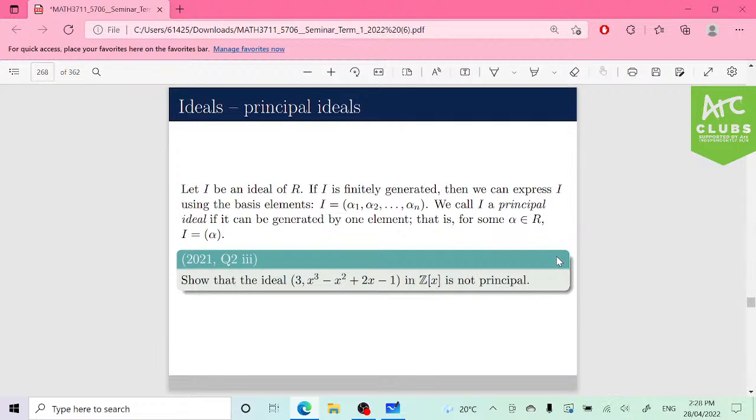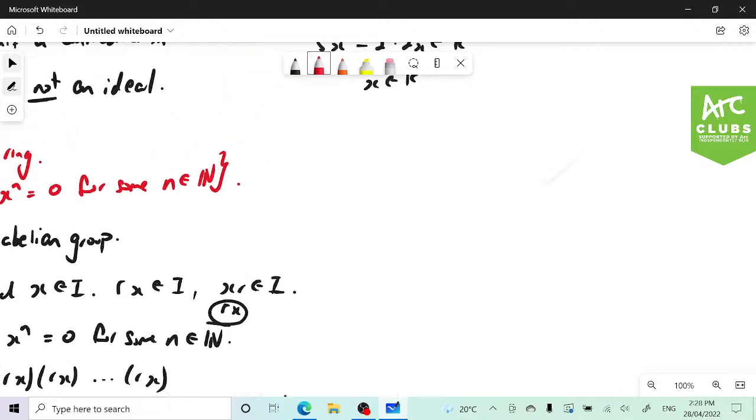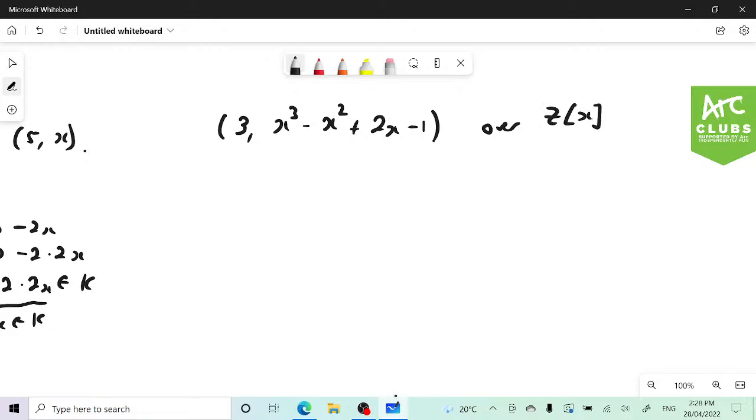Okay, so let's have a look at an example. We're going to show that this ideal generated by 3 and this polynomial is not principal. So let's consider the ideal generated by 3 and x cubed minus x squared plus 2x minus 1, over the ring of polynomials with integer coefficients.